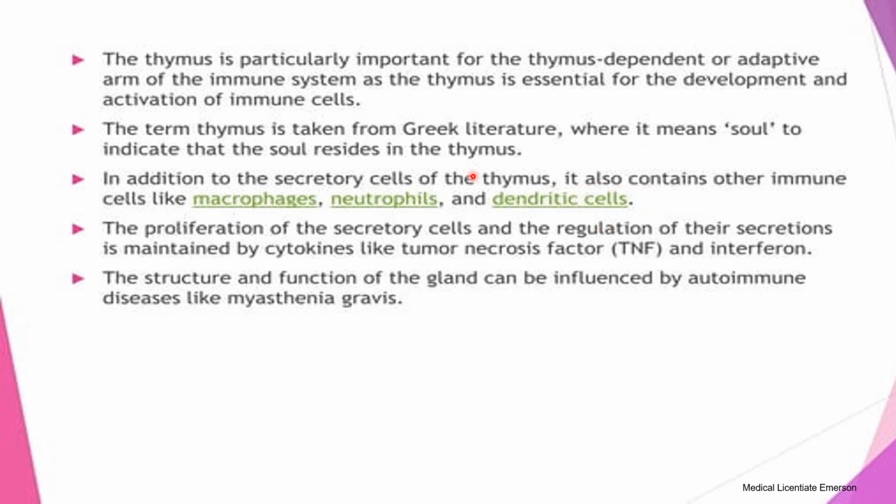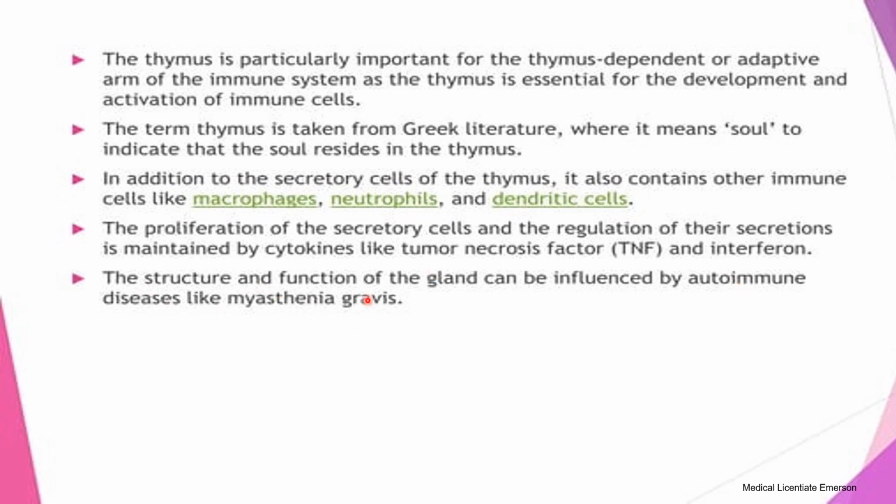also contains other immune cells like macrophages, neutrophils, and dendritic cells. Then the proliferation of the secretory cells and the regulation of their secretions is maintained by cytokines like the tumor necrosis factor, TNF, and the interferons.